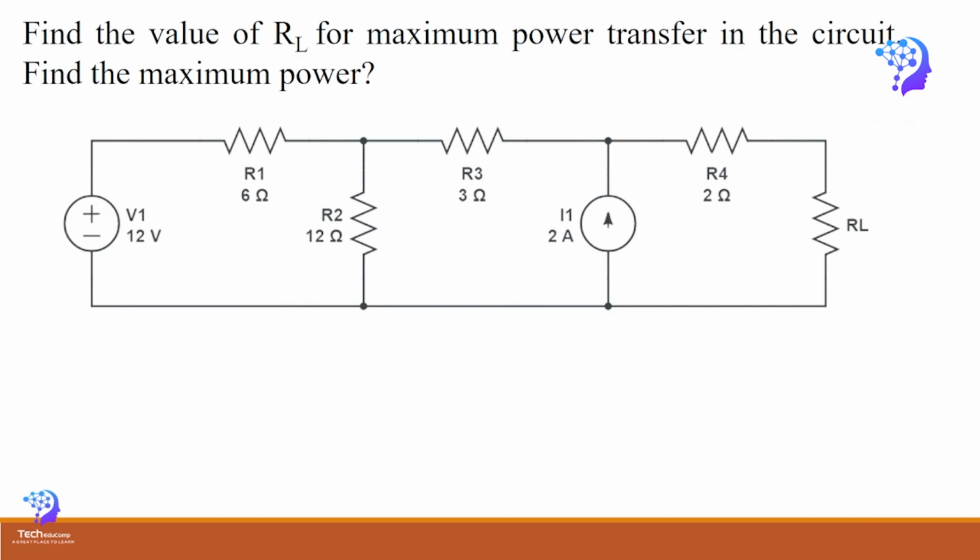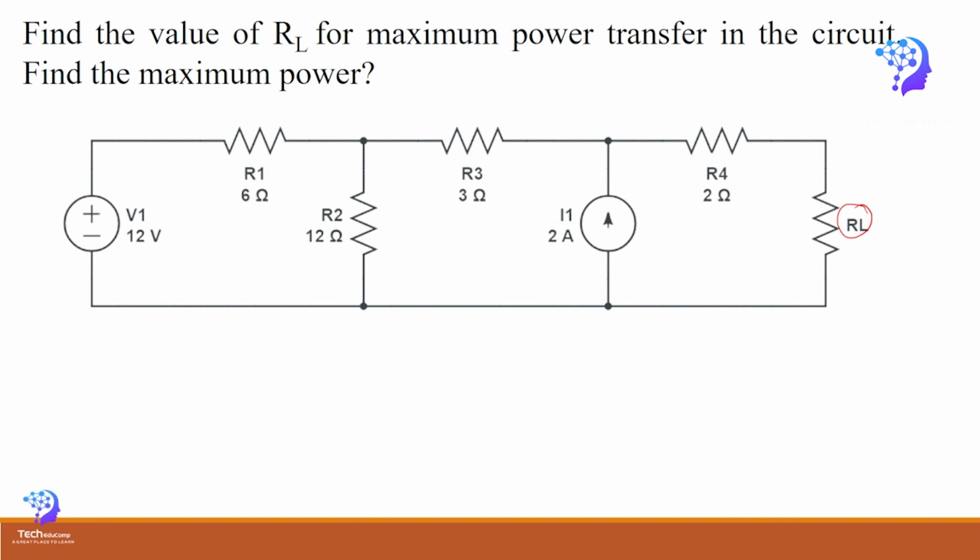Okay, so let us understand this whole theorem by this numerical problem. In this circuit, I have to find the value of RL, and after finding the value, I want to find out what is the maximum power in RL.